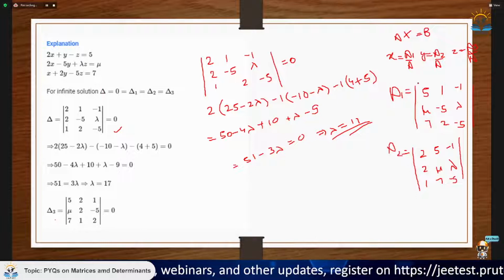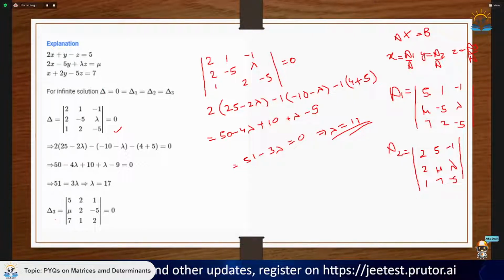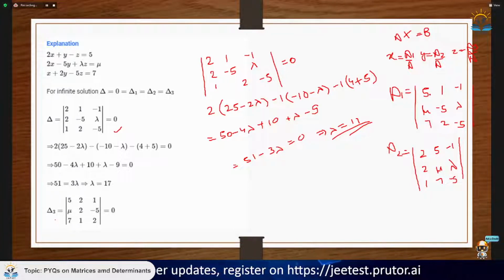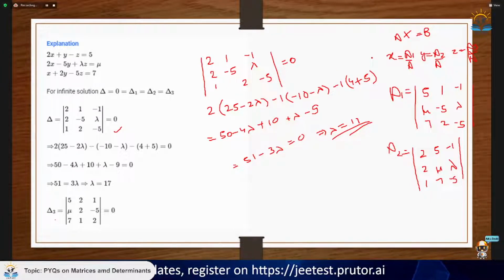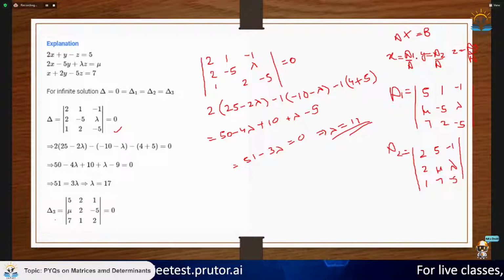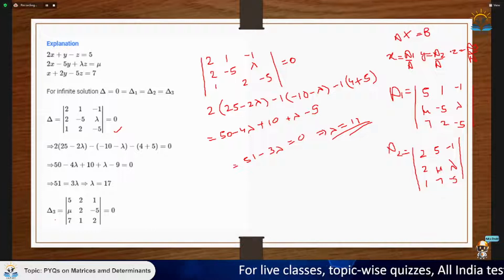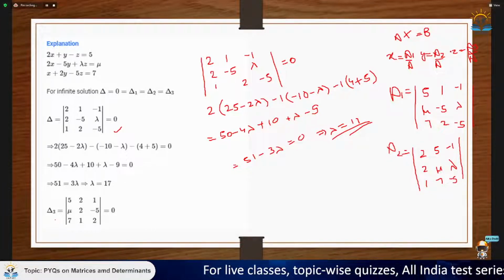Cool. Now since we are getting infinite solutions, and if the value of A is equal to 0, A represents the determinant. So if this determinant is equal to 0, so if we need infinite solutions, then as I told you, adjoint of A into B should also be equal to 0. On the same lines, we can say that A1, A2, A3 should also be equal to 0. Because 0 by 0, we can say that we will get infinite number of solutions, but something upon 0 implies no solution.